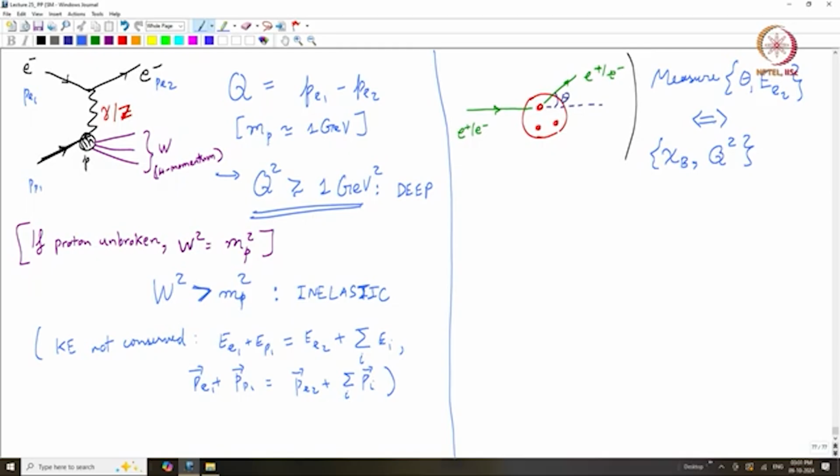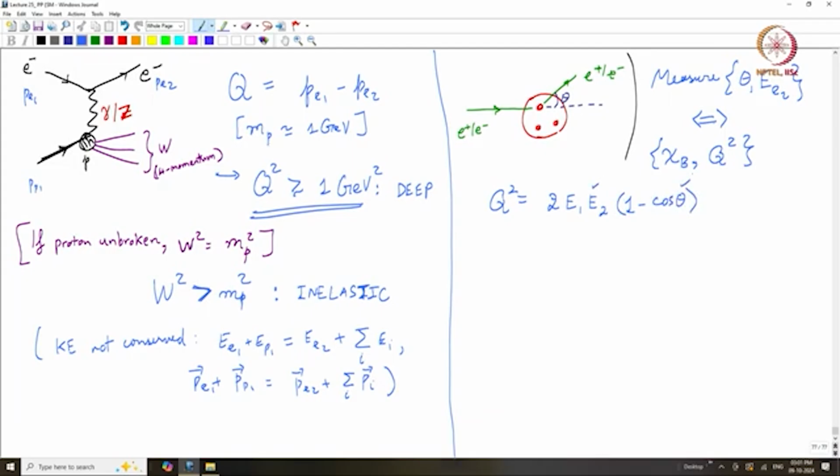So what are these change of variables? I am going to write them down. E1, E2, when I say E1, E2 they refer to the electron energies, not the proton. 1 minus cos theta. So remember these two are the ones that you measure.